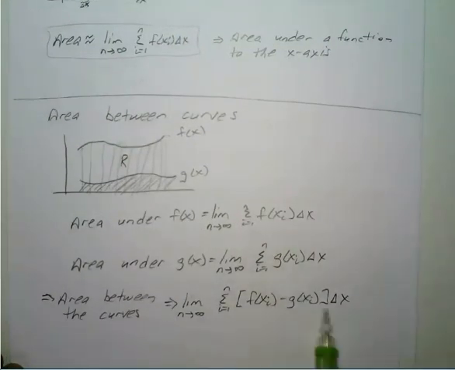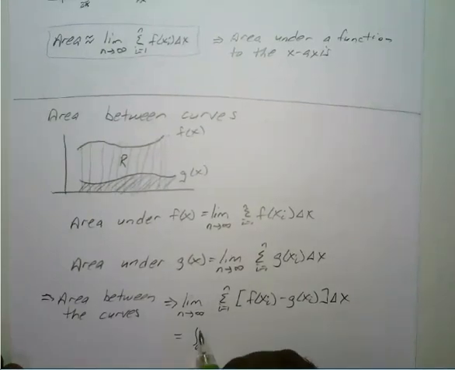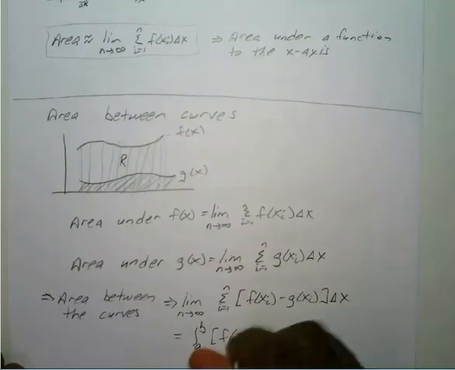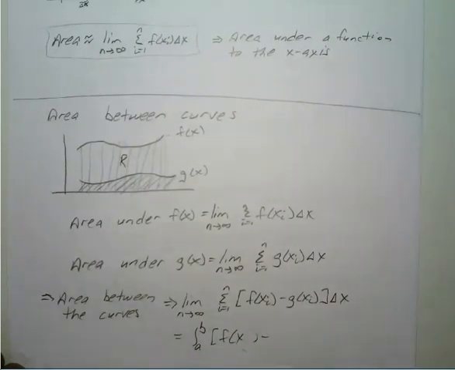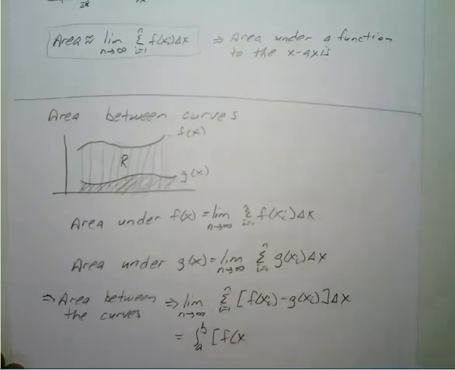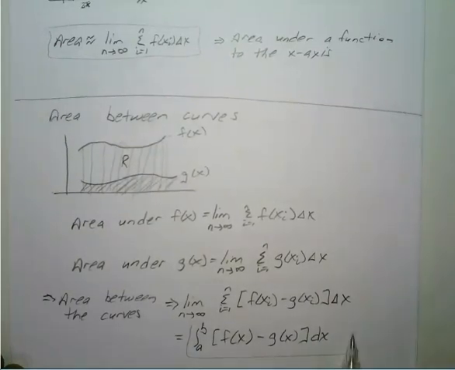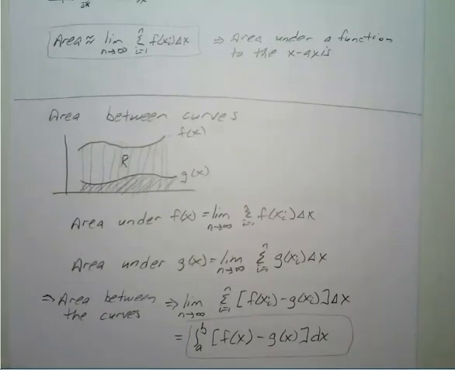But we already know that this is just equal to the integral from a to b of f of x minus g of x with respect to x. Sorry, we don't need these sub i anymore. And this is what we will be using moving forward. You don't have to do all of this moving forward, just use that.